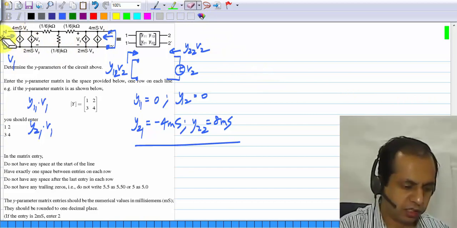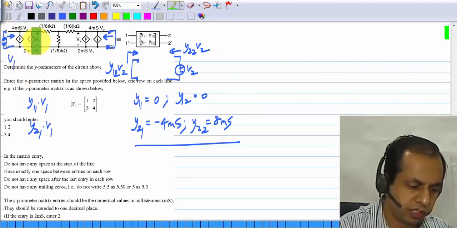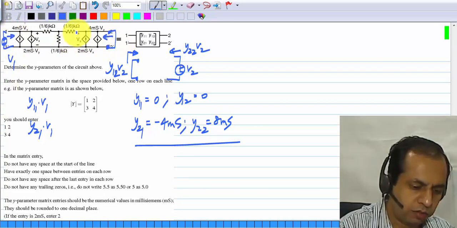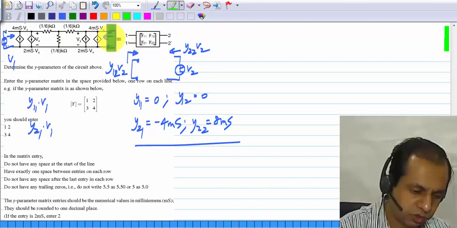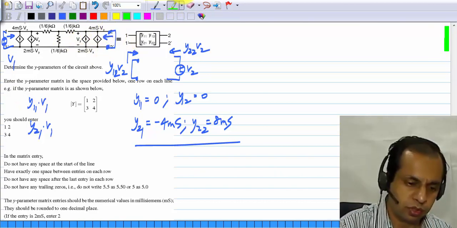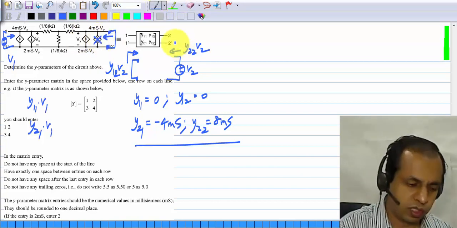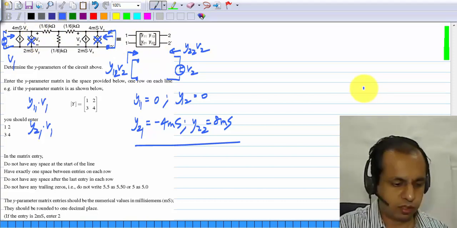And you can see that, let's say you have V1 applied here, then first of all you see that Vx itself equals V1. And Vy will be 0 in this case because port 2 is short circuited. Vy is across port 2, so it will be 0. So this will become an open circuit, and this also will become an open circuit.